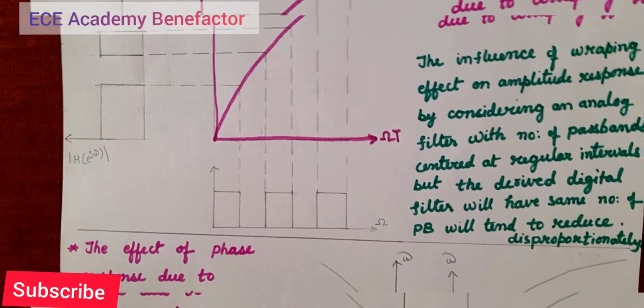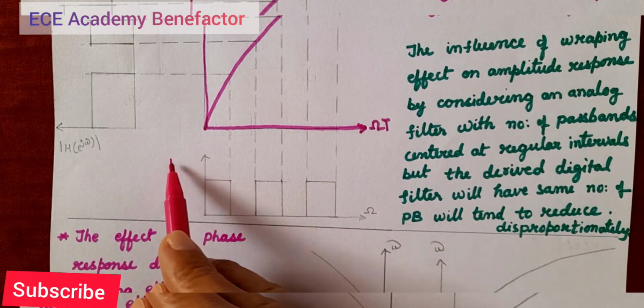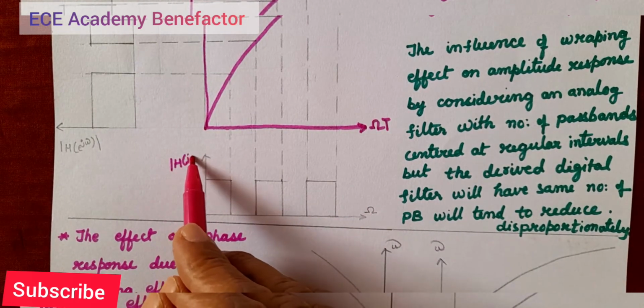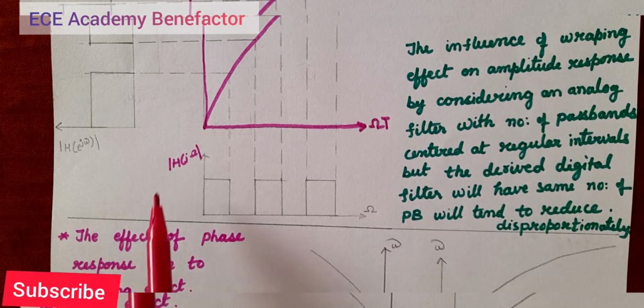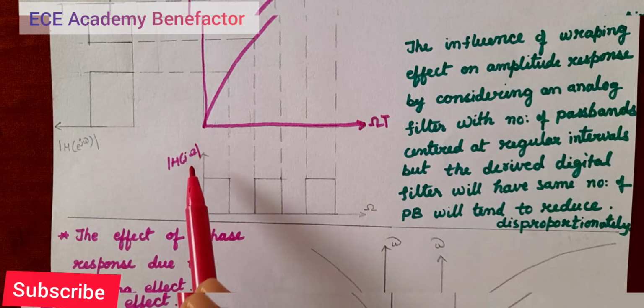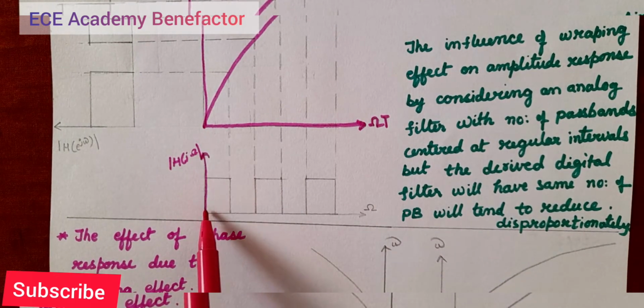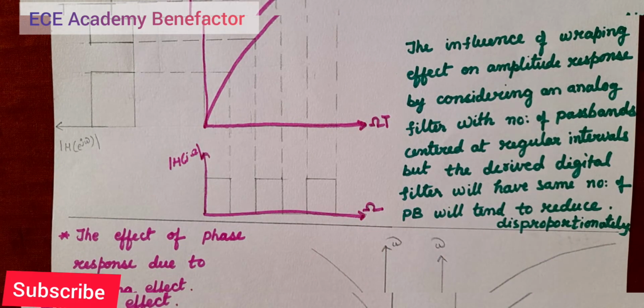Now we are considering the magnitude response of an analog filter, which is symbolized by mod of H of j ohm versus ohm.